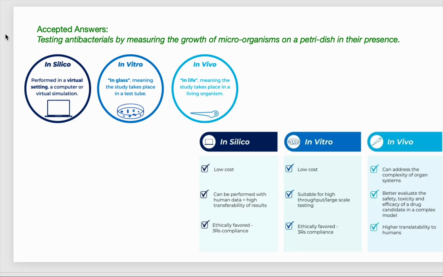We don't have to face any ethical issues in vitro conditions and in silico, but again, they don't give us the full result. We don't know what a drug can do, because it's all in a controlled environment and you don't have other parameters affecting it.